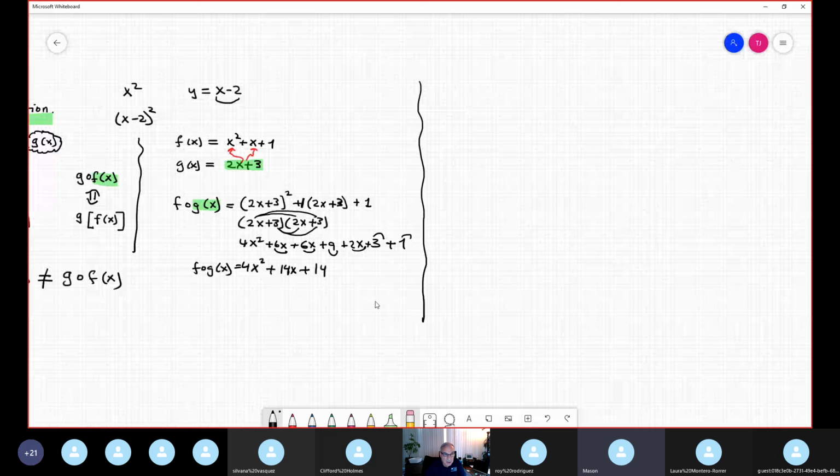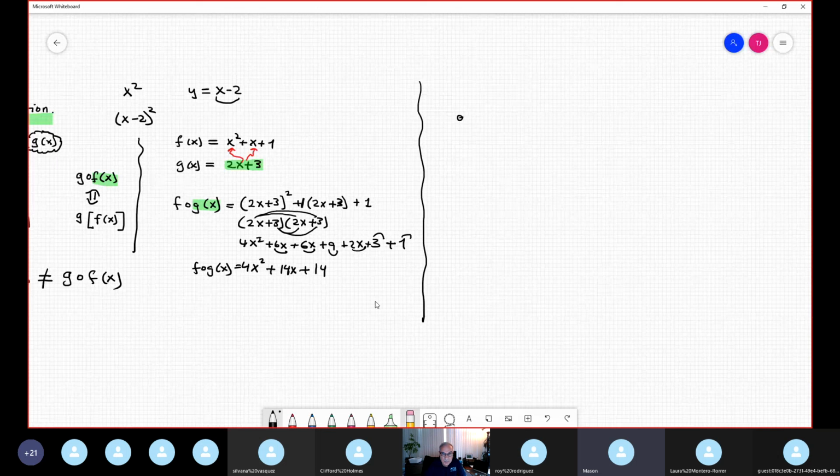the professor asked me in the test, compute, please, g composition f of x. Well, then it's different. Let me copy again the functions to understand much better. f is x squared plus x plus 1. g is 2x plus 3.